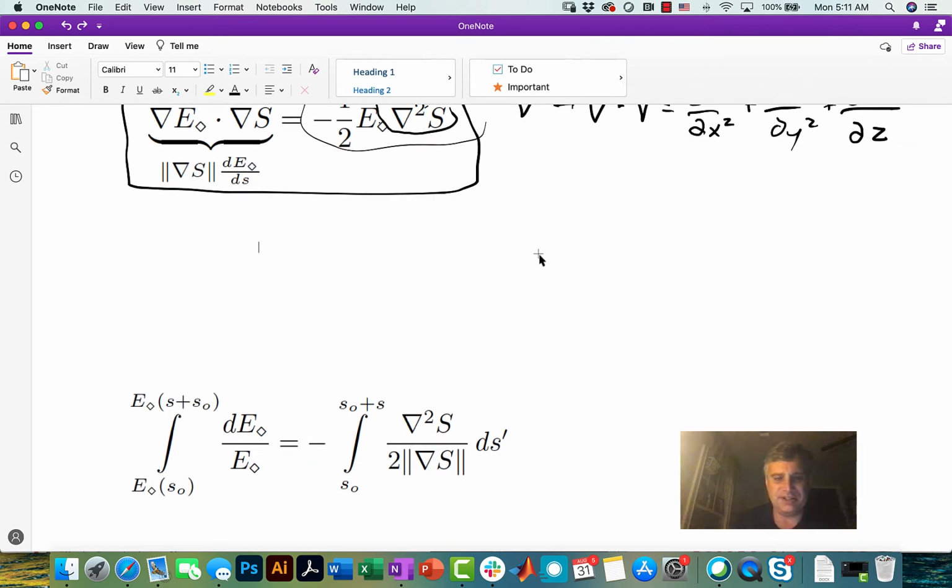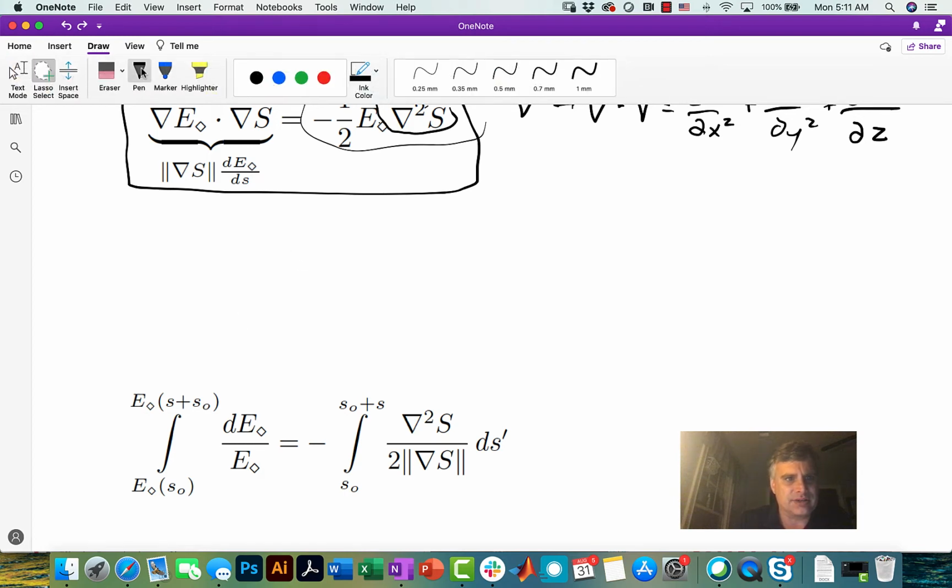we can rewrite this equation as dE. You'll note, if you didn't recall that from the previous lecture, that we're using that diamond subscript to denote independence of polarization.